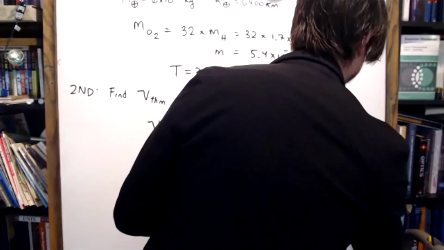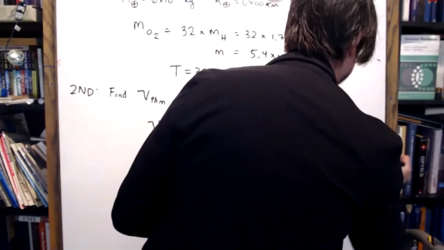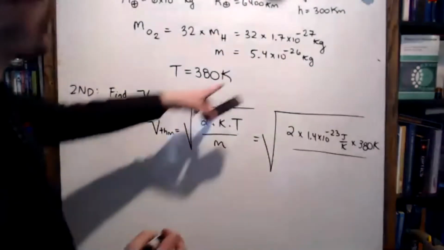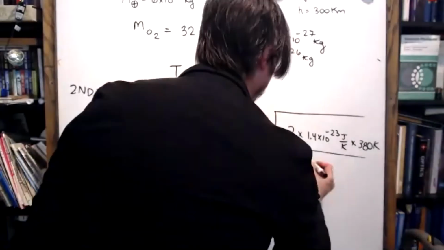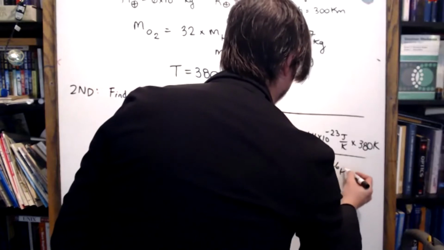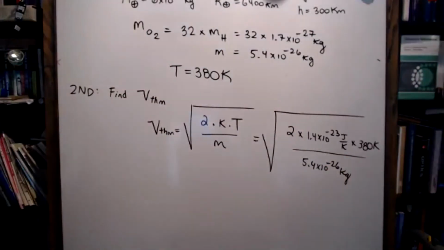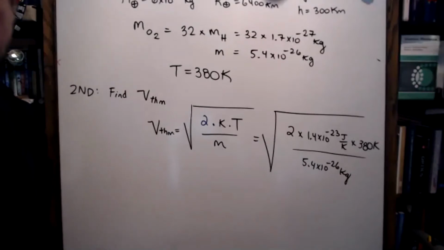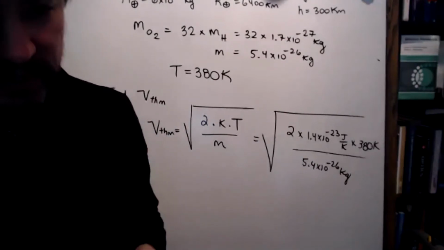Shoot, I'm running out of space here, guys. Times 380 Kelvin, all divided by the mass of our particle, 5.4 times 10 to the minus 26 kilograms. Okay, punch them up. Quick like a bunny now. I ain't got all day.